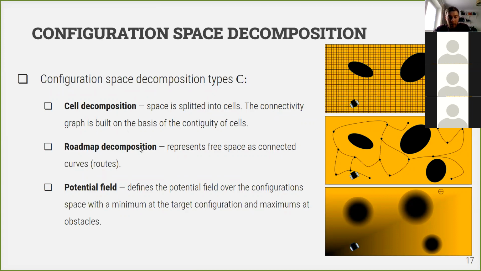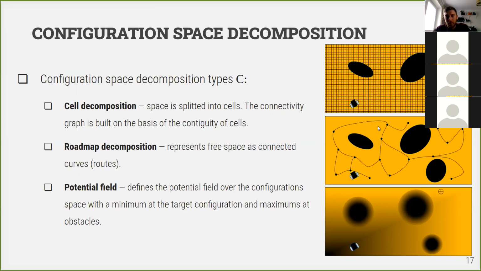So with roadmap decomposition, we are not splitting the whole space into cells. We represent only free space. In cell decomposition, we also consider obstacles and split the whole space into cells. In roadmap decomposition, we consider only free space, and we represent this free space as connected curves or roads.